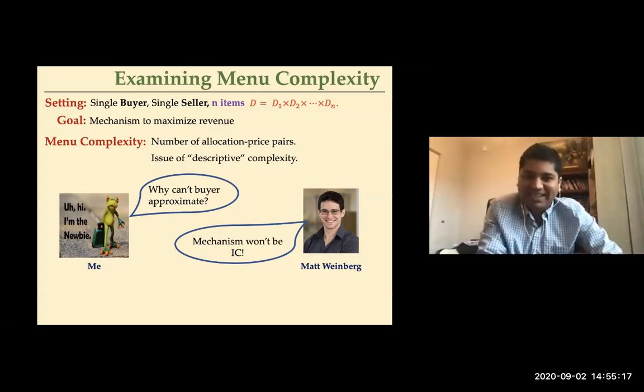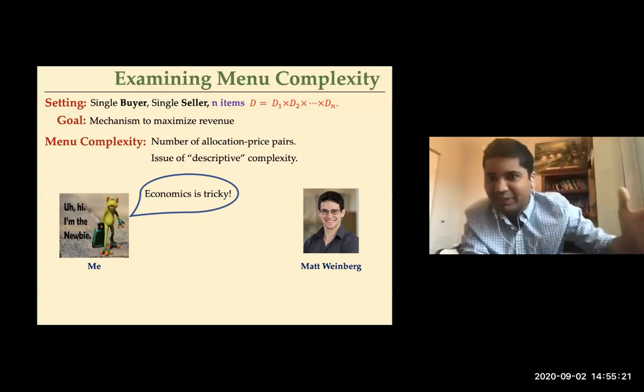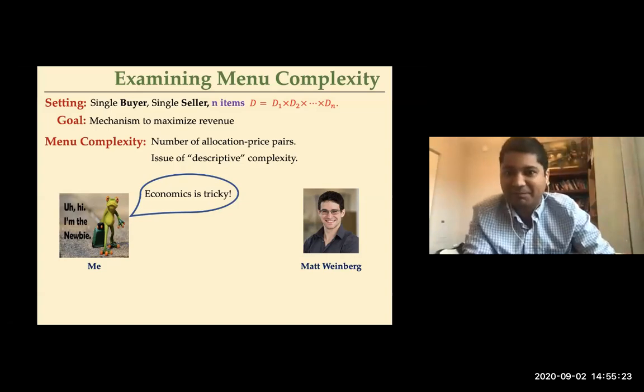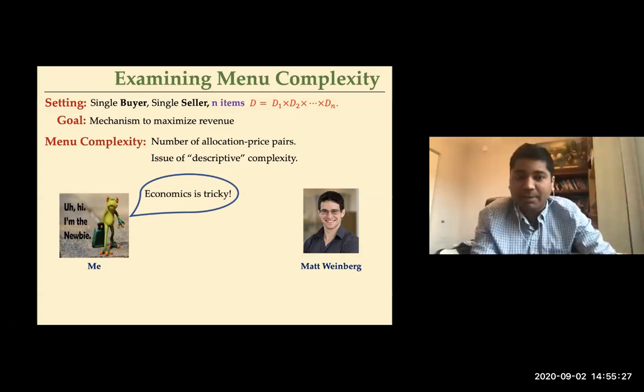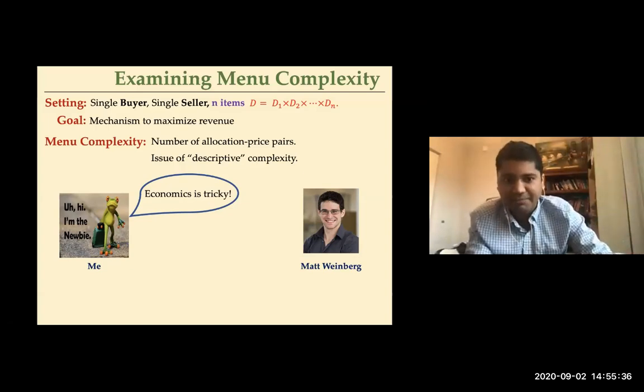And so basically, the summary of this discussion is that economics is tricky. By the way, this is a real discussion that I had with Matt when I didn't understand what was going on here. Anyway, so it's kind of tricky to come up with notions of size of menu which do not offload all the computational complexity to the buyer's side.